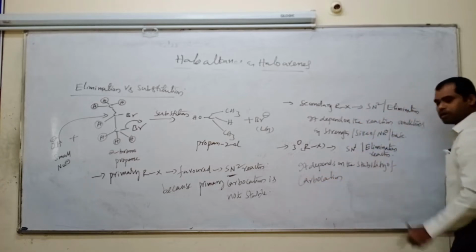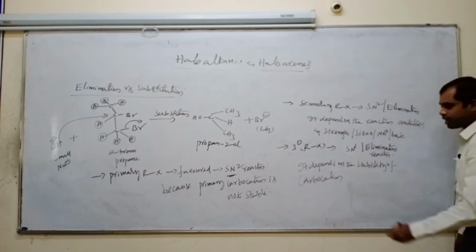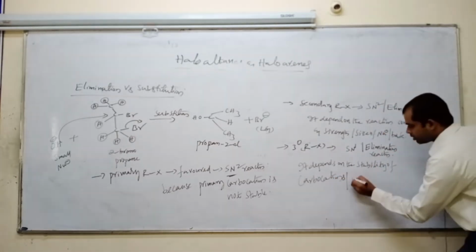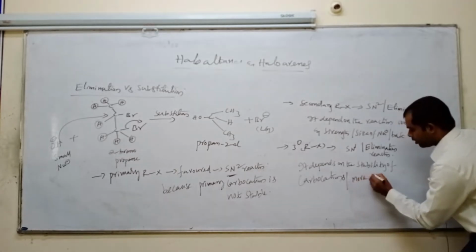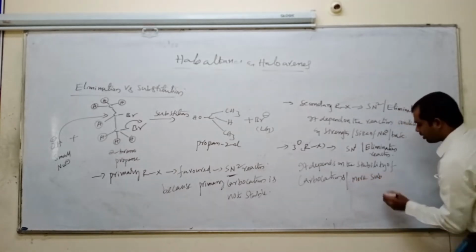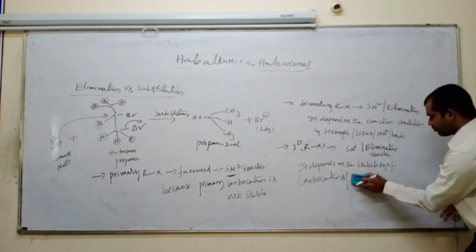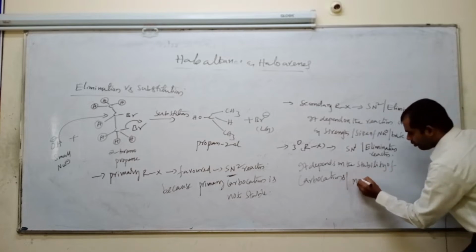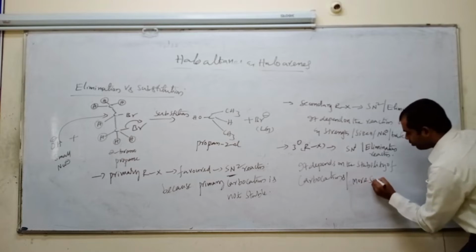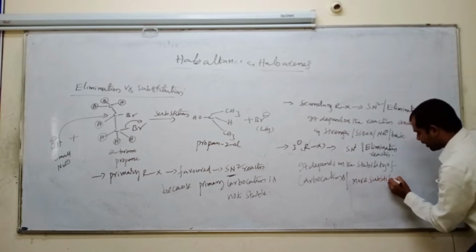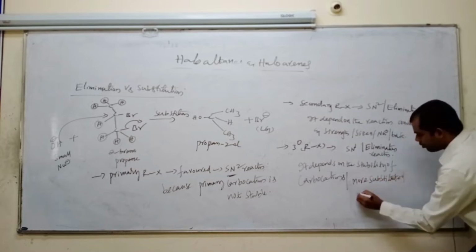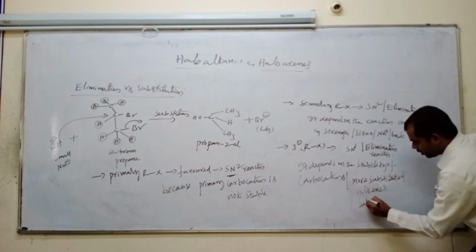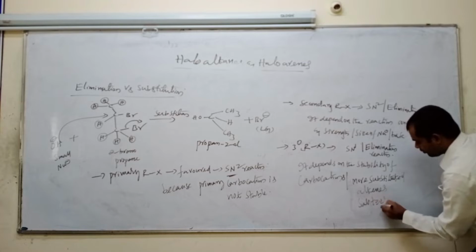It undergoes SN1 only if the carbocation is stable. Otherwise, it undergoes elimination. In elimination, it depends upon the more substituted alkenes, based on the Saytzeff rule. You know the Saytzeff rule.